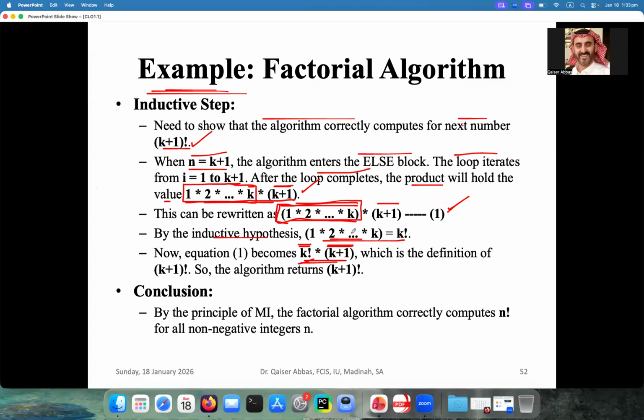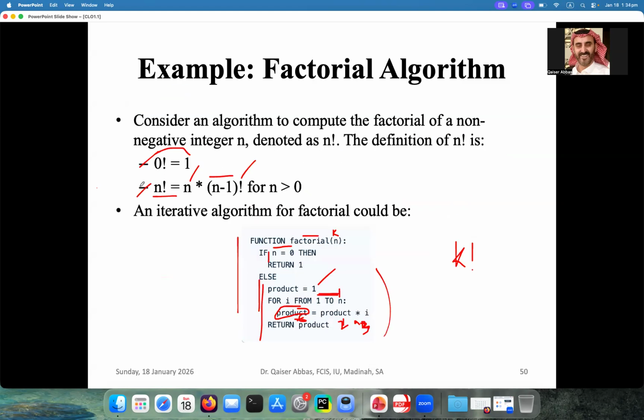So now after putting this, 1, 2, and so on, k factorial, which is equal to k plus 1 factorial. This is what I want to say. How? The mathematical formula for factorial is this: n factorial is equal to n multiplied by the previous number, subtracting 1 from it, and its factorial.